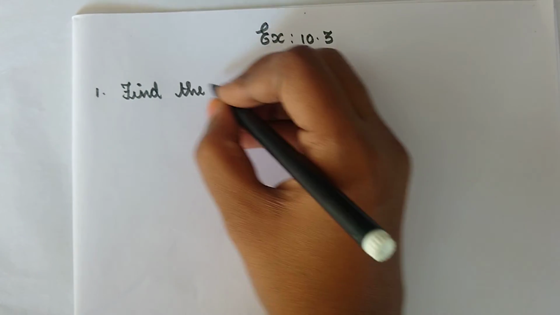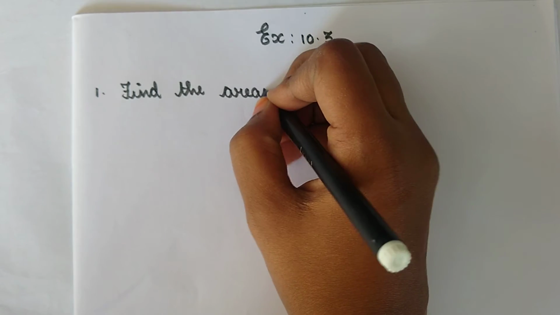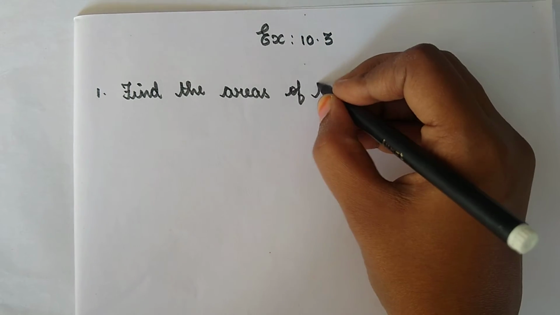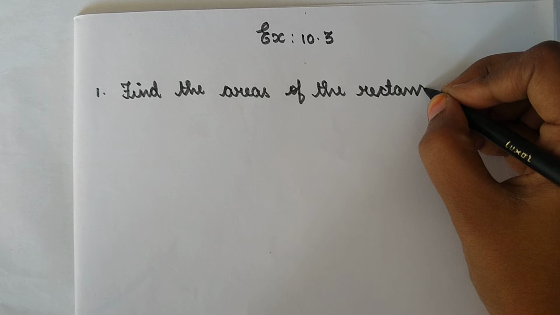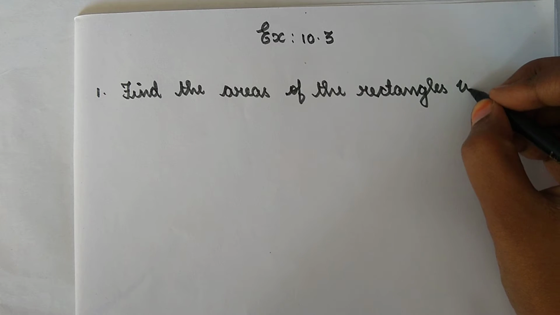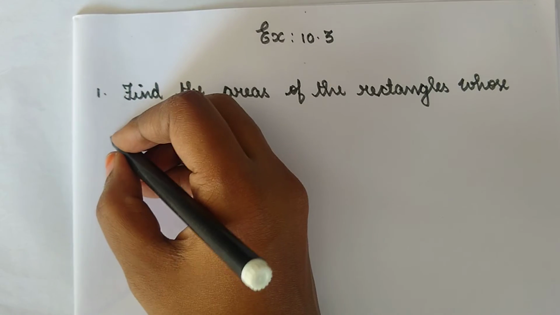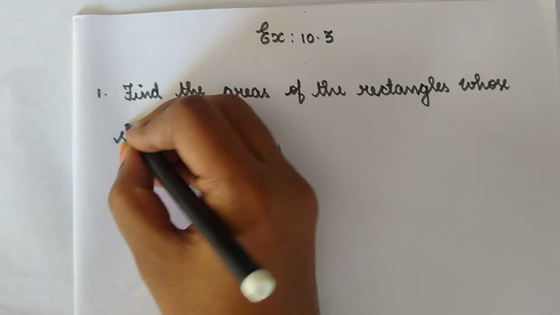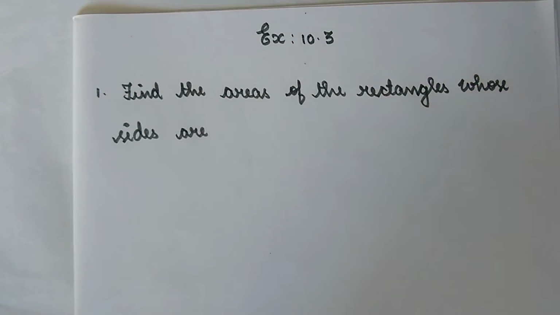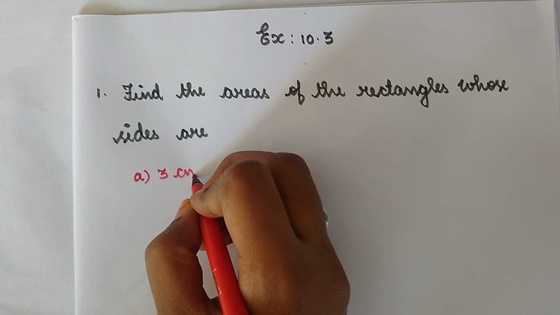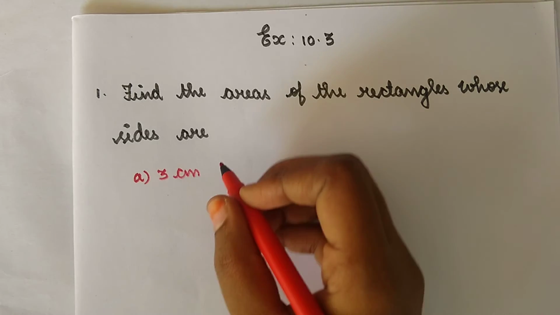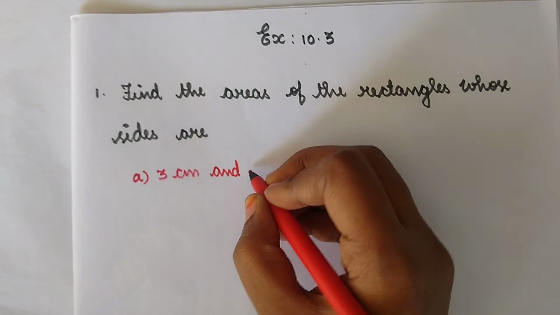Take the first question. Find the areas of the rectangle whose sides are, in this sum we take subdivision A, that is 3 centimeter and 4 centimeter.